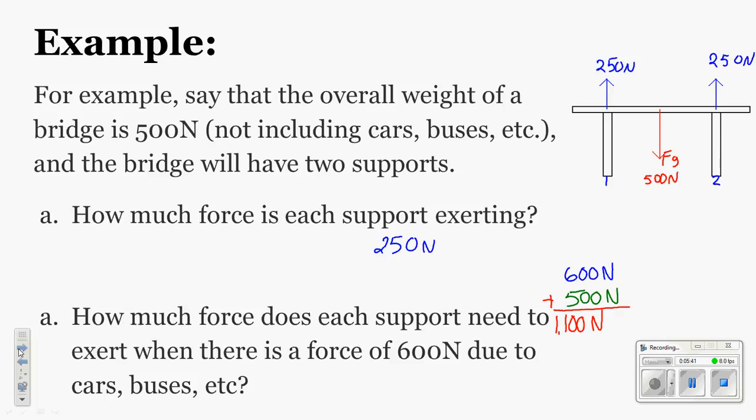So if that is the case, then we're going to take our new total force that could be on that bridge and we're going to divide it by 2, and that's going to give us a new number of 550 newtons. You could have done this another way: you could have split the 600 into 300 and added that to the 250, which would have been 550 as well.